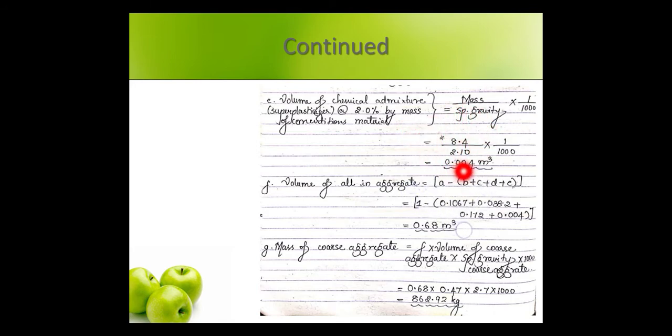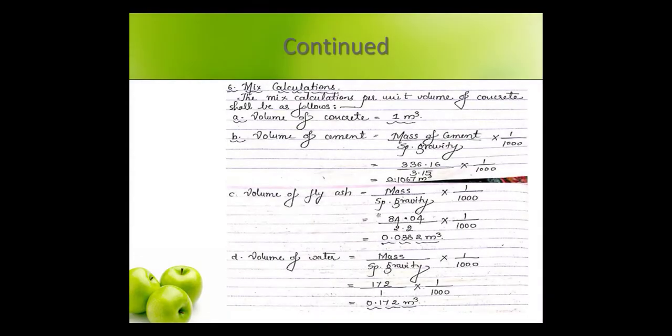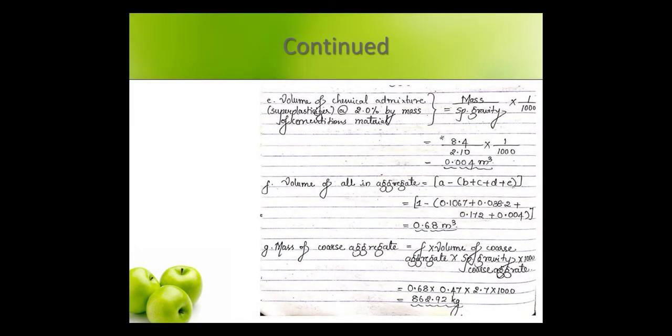That is nothing but whatever cement is there, of that 2% you have to take. Now, what was the mass of the cement? 336.16. Of that 2% you need to take, so that will be the cementitious mass.